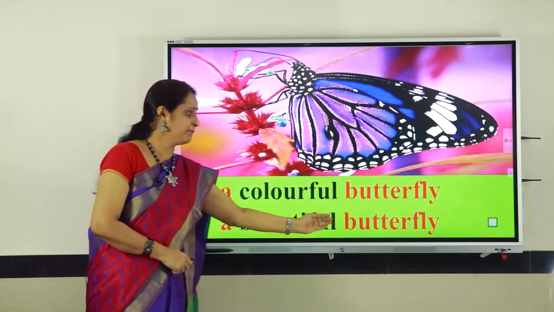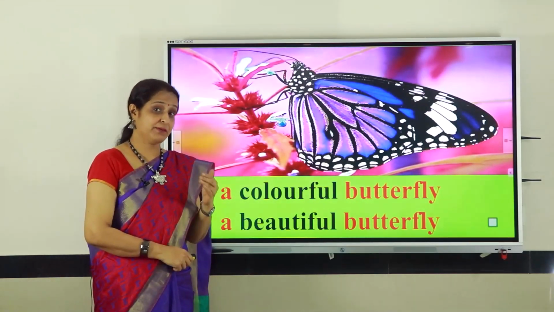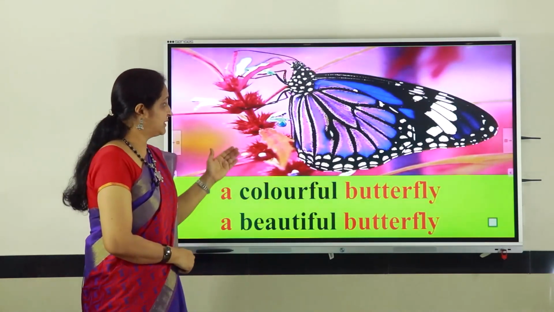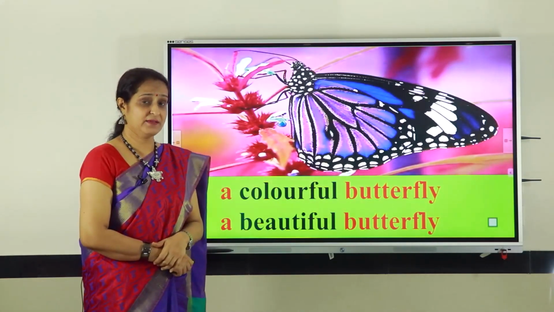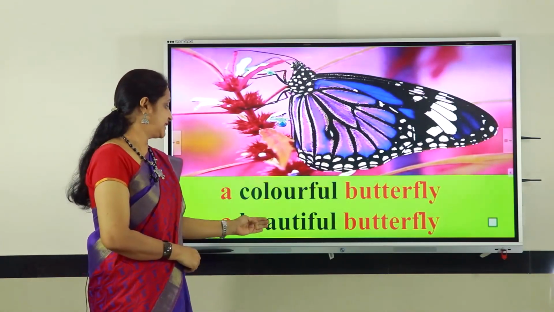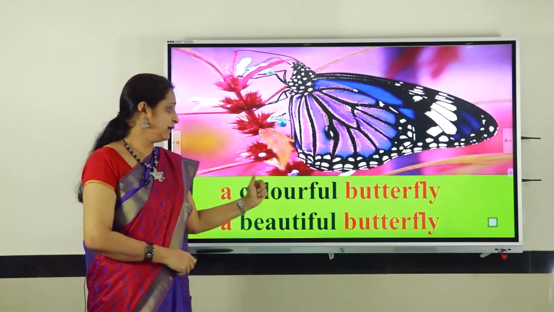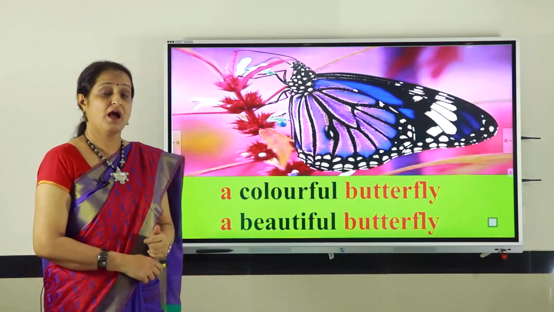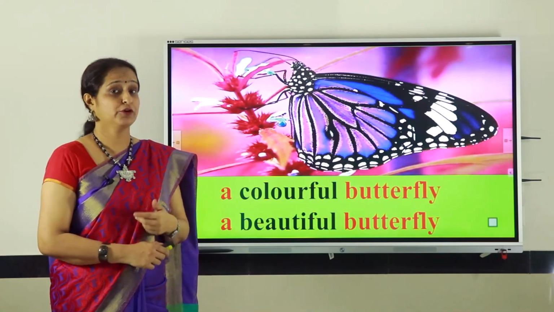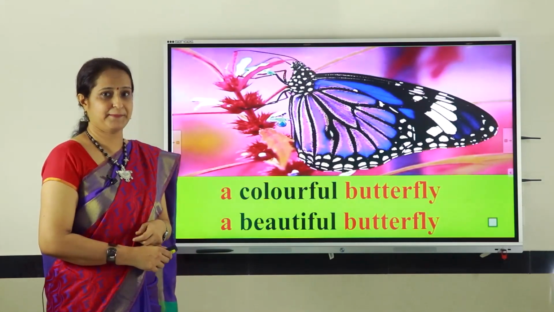A beautiful butterfly. We have one more describing word for this insect, the noun butterfly, and that is beautiful. So, you can see children, the words colorful and beautiful are the describing words for the noun butterfly.